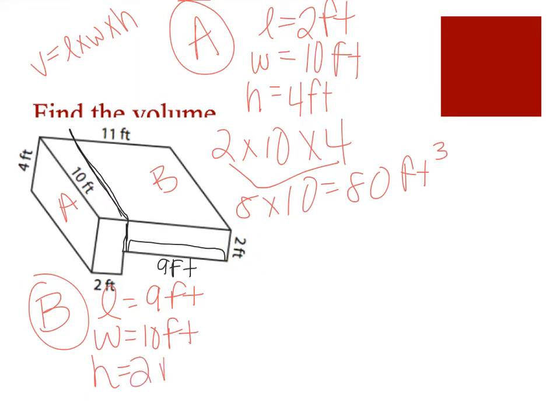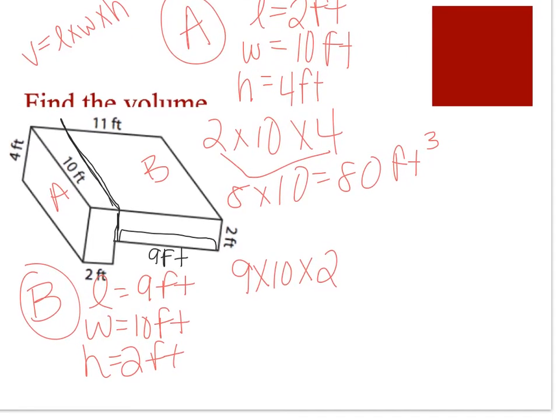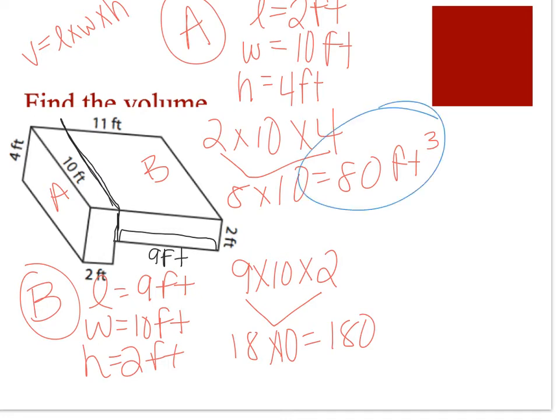So now I can multiply these all together: 9 times 10 times 2. All right, so I know that 9 times 2 is 18 times 10 will give us 180. So now I just have to add my two volumes together, 80 plus 180.